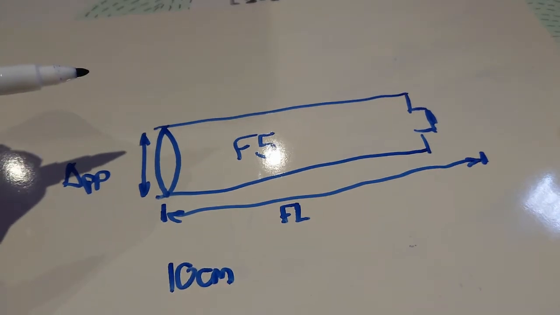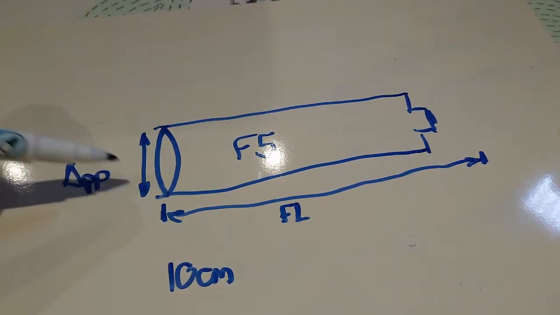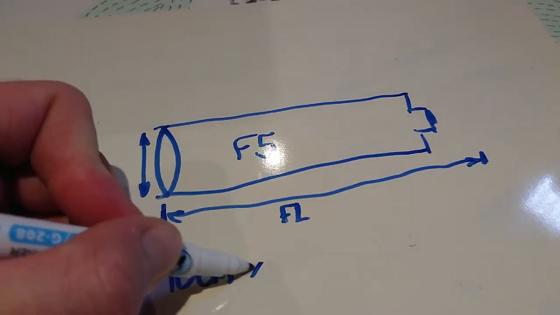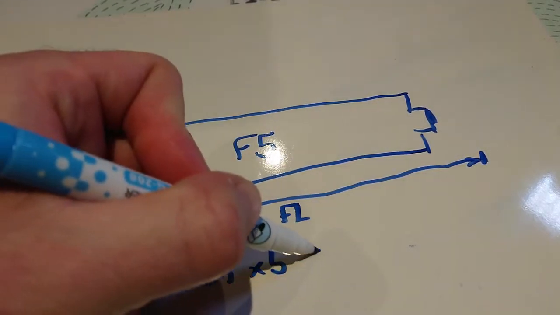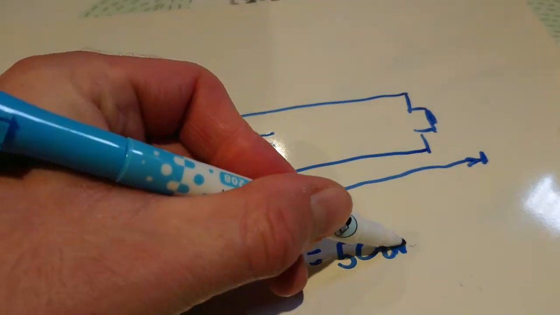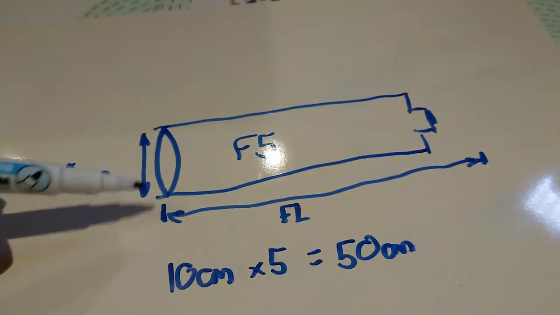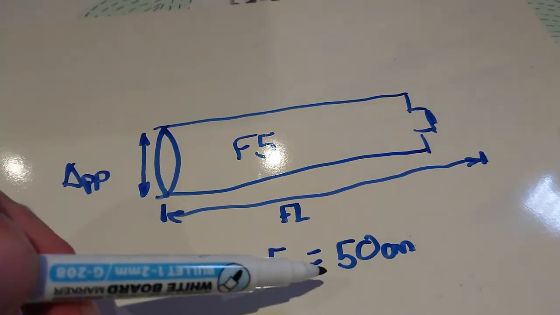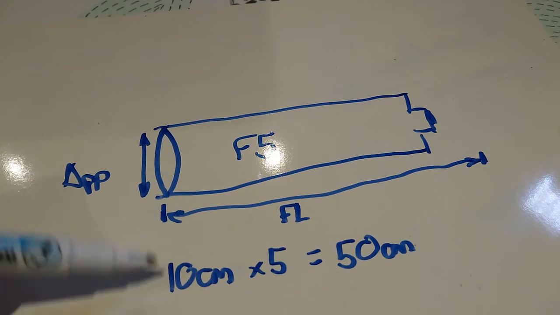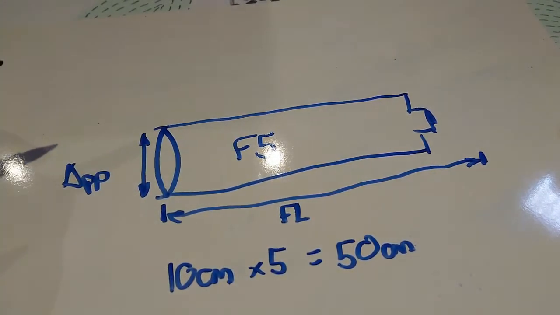So we could work out the focal length of this telescope by multiplying 10 by the f5, which would give 50. So we would know that the focal length of this telescope would be 50 centimetres and the aperture would be 10 centimetres. So we could divide 50 by 10 and it gives us f5.